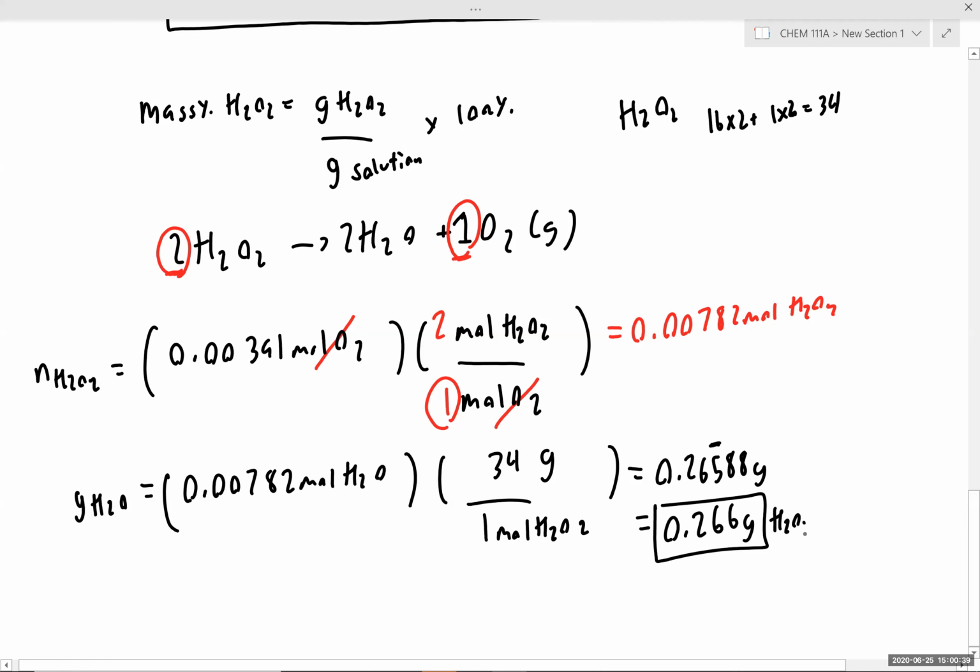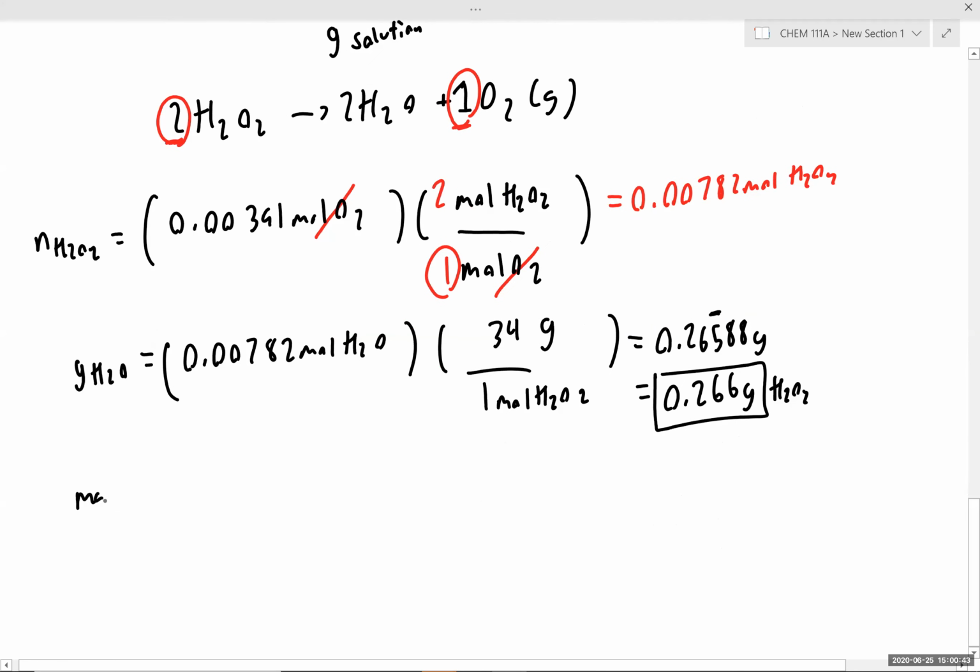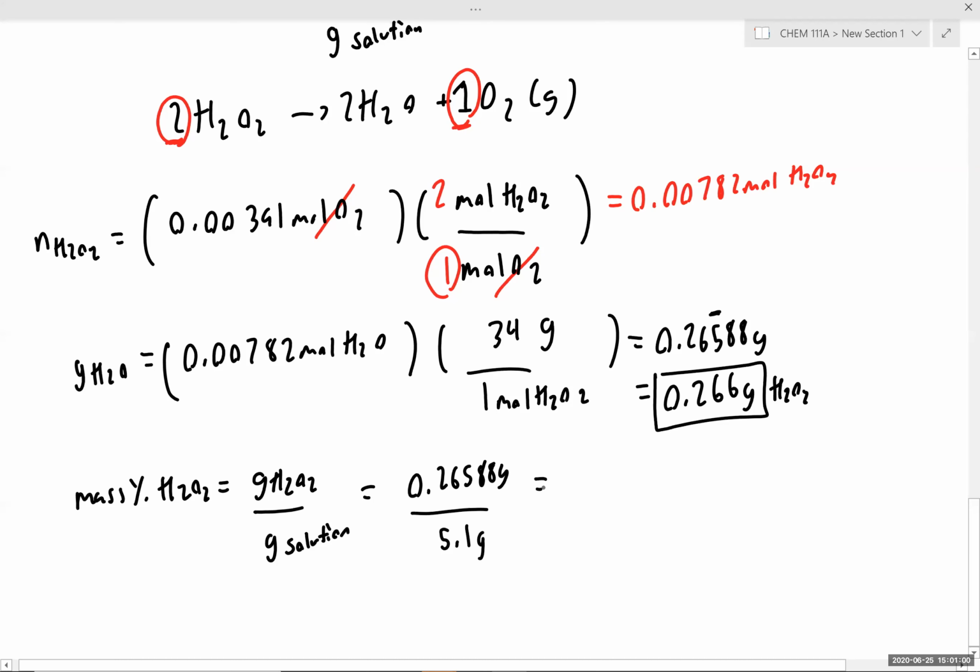of hydrogen peroxide. So now, if we want to calculate the mass percent of hydrogen peroxide, we're going to take the grams of hydrogen peroxide over the grams of our solution. So we take 0.26588 grams over 5.1 grams of solution times 100%.